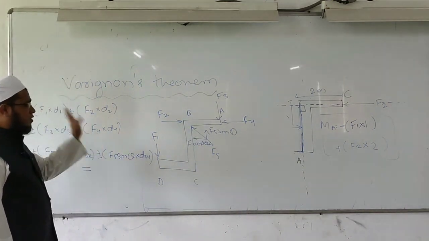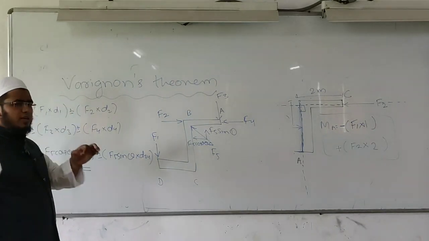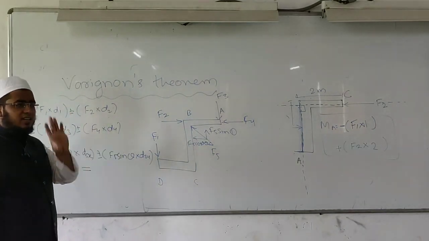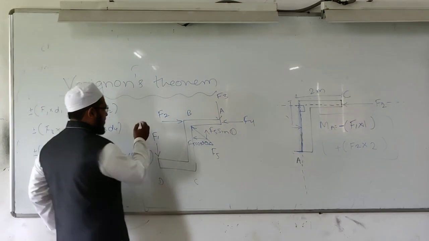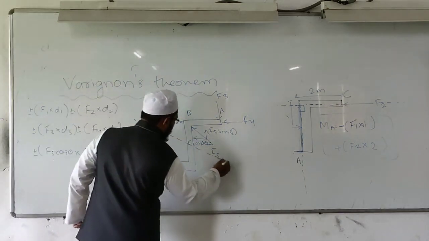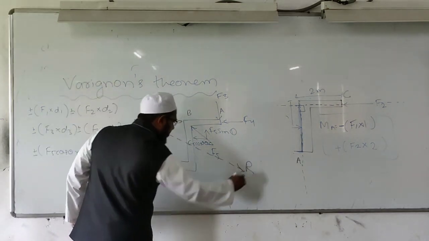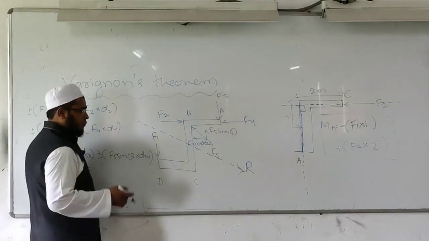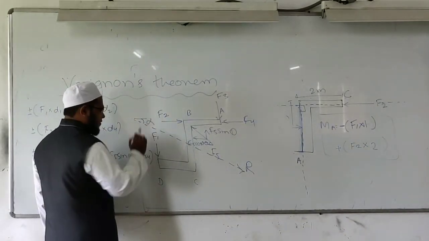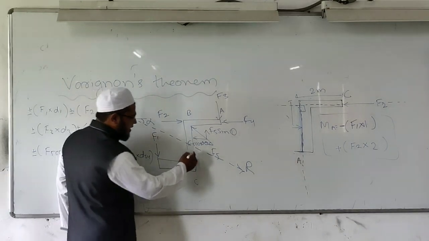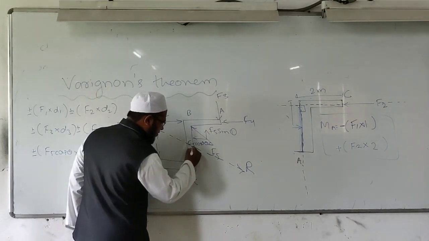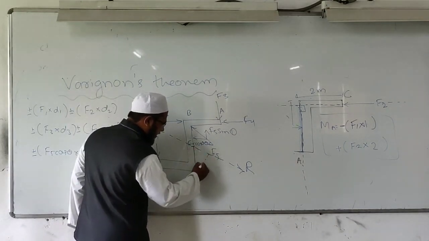This algebraic sum is equal to the moment due to the resultant. For example, if this is the R, it is acting in the fourth quadrant and it is at angle alpha. We know the magnitude and direction, but we need the distance and position.